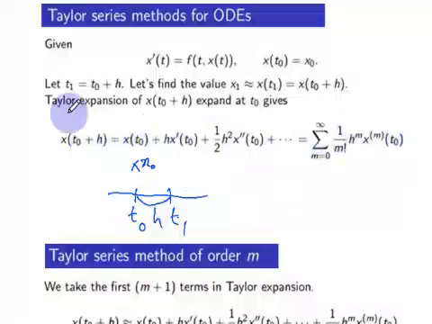If you cut your infinite series from somewhere, or ignore the rest of the terms, you get a Taylor polynomial. Now you can use that Taylor polynomial to find an approximation to this.